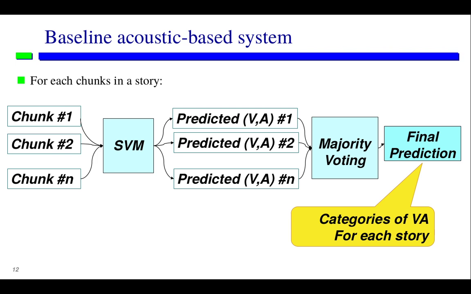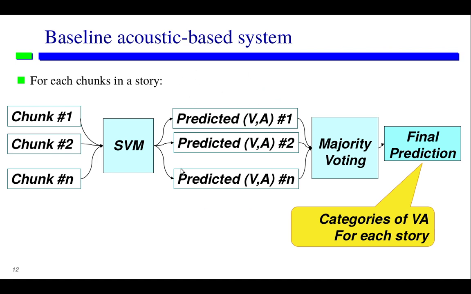And for acoustic-only emotion recognition, this is the block diagram. For each chunk, this is the baseline provided by the organizer. They input the acoustic feature to the SVM classifier, and then they obtain the predicted valence and arousal degree categories.